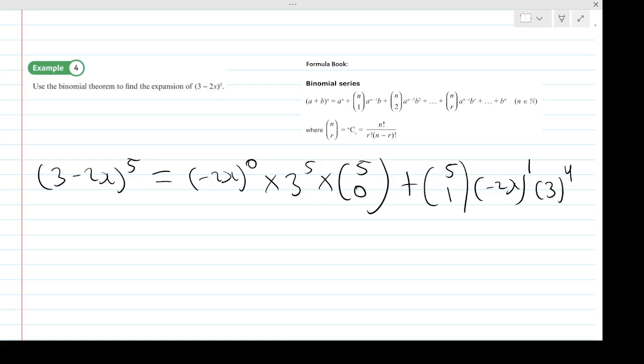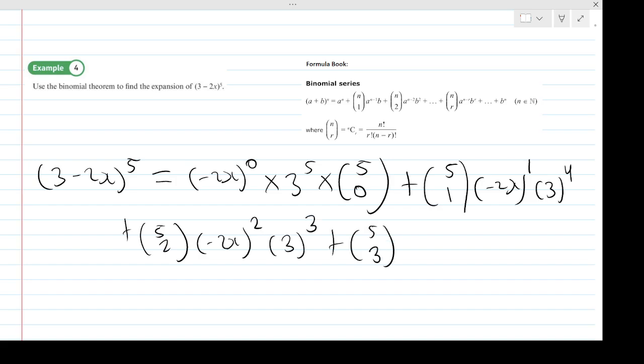Then we do the next term. So now it'd be 5 choose 2 of minus 2x, sorry, to the power of 2 now. And then the corresponding 3 would have a power of 3. Then the next term, 5 choose 3, and minus 2x to a power of 3, then 3 to a power of 2. Then we do 5 choose 4, and minus 2x to a power of 4, and the 3 has a corresponding power of 1.